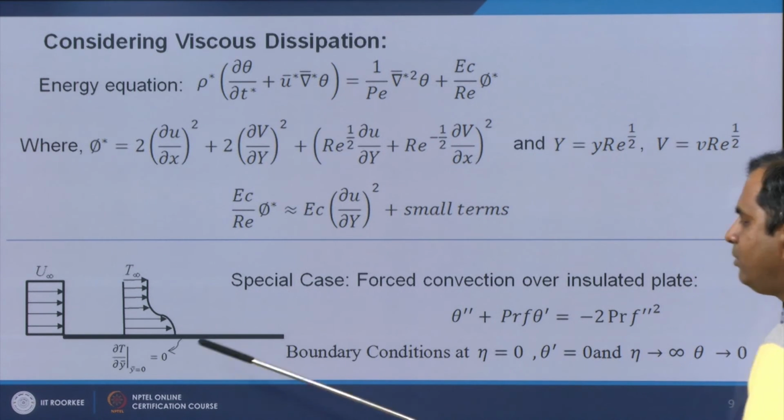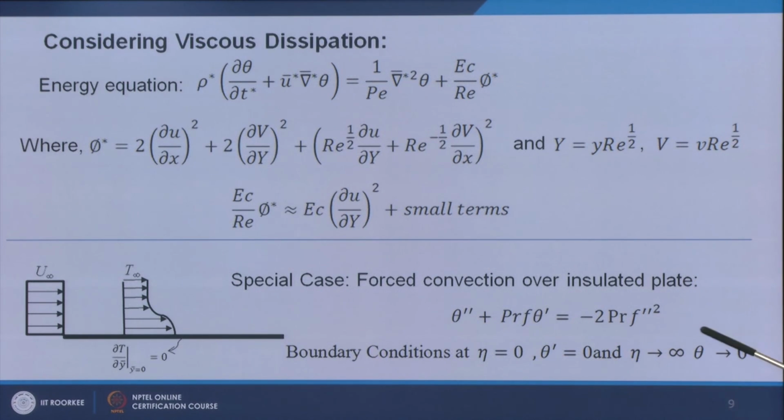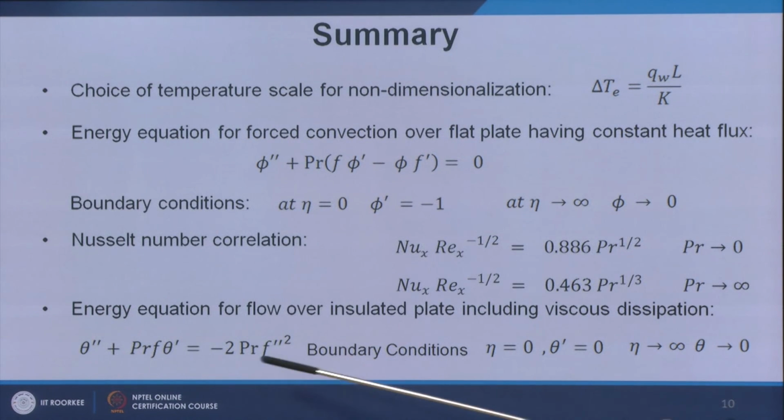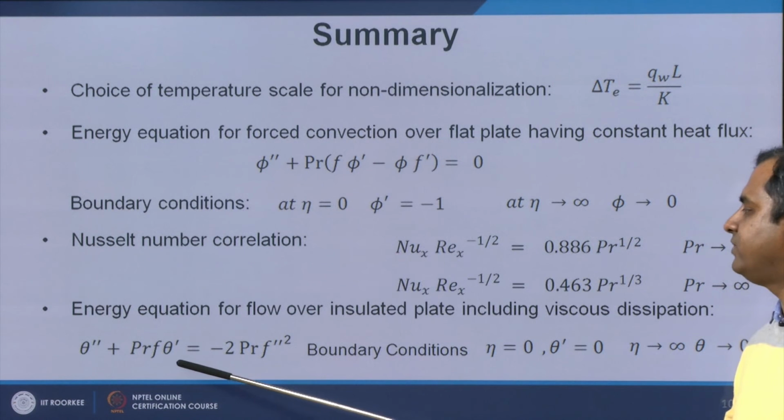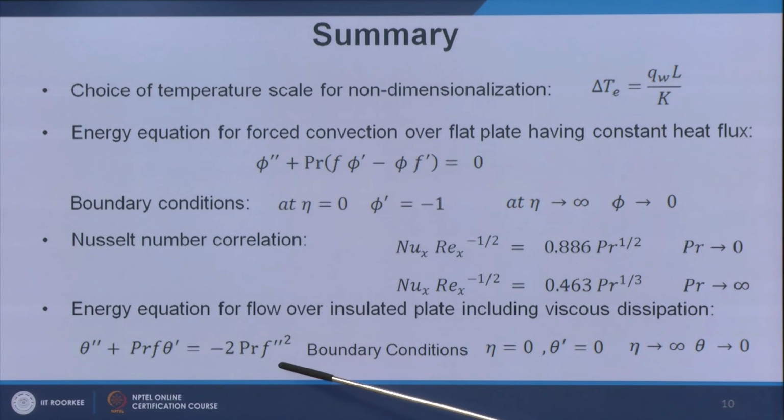In that case this equation comes in this form, which we have also summarized in the next slide. So theta double dash plus Prandtl number f theta dash is equal to minus 2 Prandtl number f double dash whole square, and the corresponding boundary conditions are theta dash 0 is actually 0 and theta infinity is tending towards 0.